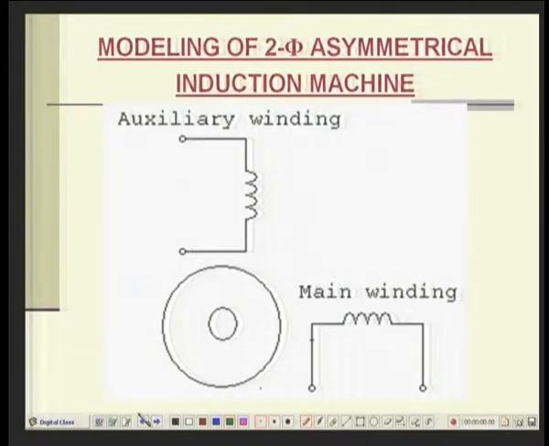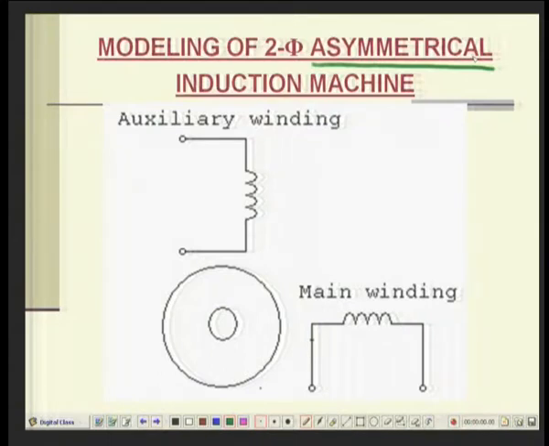Now let us take a 2 phase induction machine, symmetrical and asymmetrical. Most of the motors are 2 phase, but the supply is single phase.